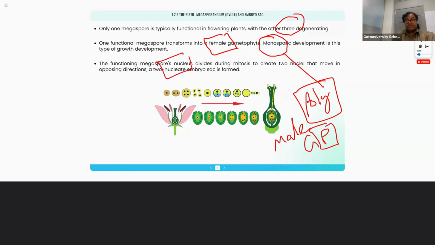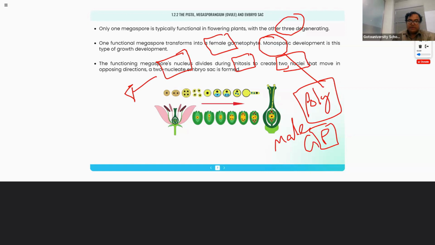So the megaspore nucleus divides by mitosis to make two nuclei. This is the first process. Is this the only way? No, there are many. Indirectly they are saying this process gives a two-nuclear embryo sac.